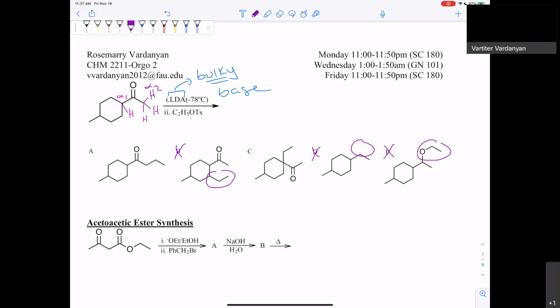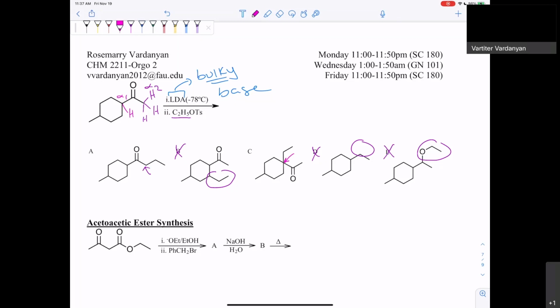And the difference between A and C, as you guys explained to me, was in answer choice A, we added our group to the less substituted alpha position, whereas in C, we added it to the more substituted alpha position.